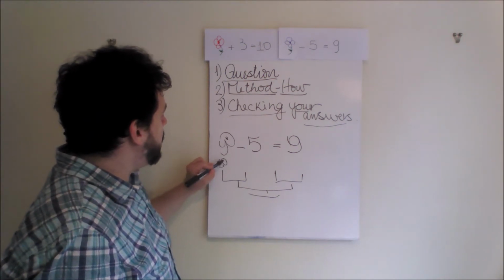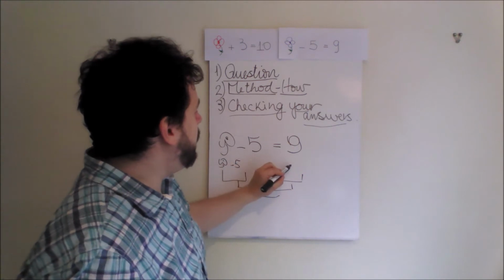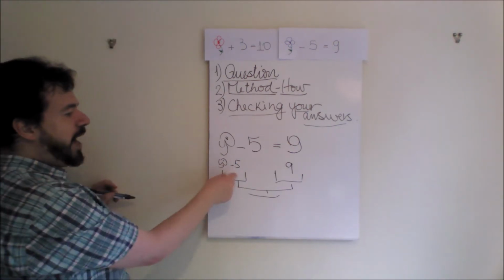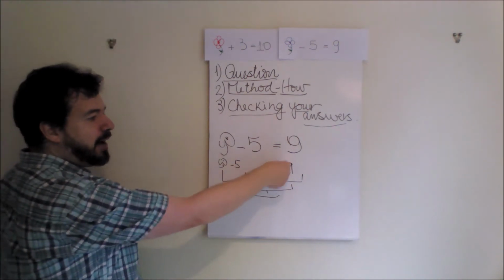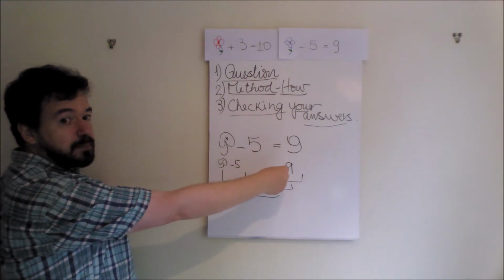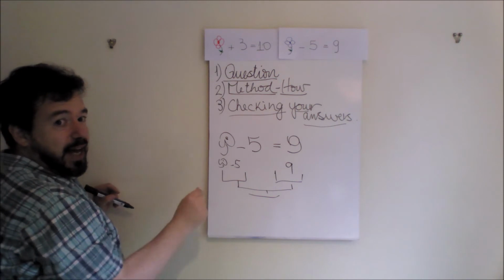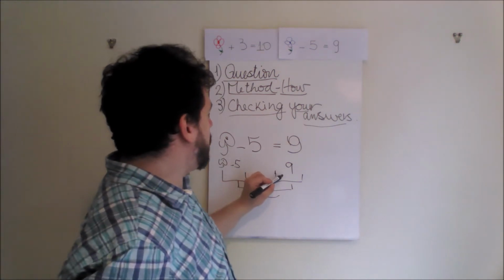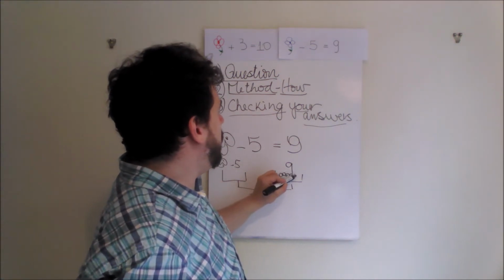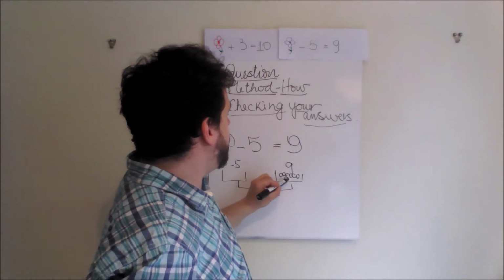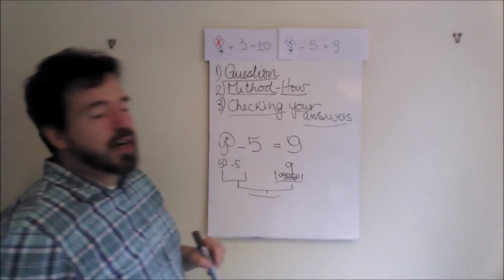So you have this, take away 5 equals 9. So whatever we have here, we have to have it here. If you think that 1, 2, 3, 4, 5, 6, 7, 8, 9, you have 9 marbles here.